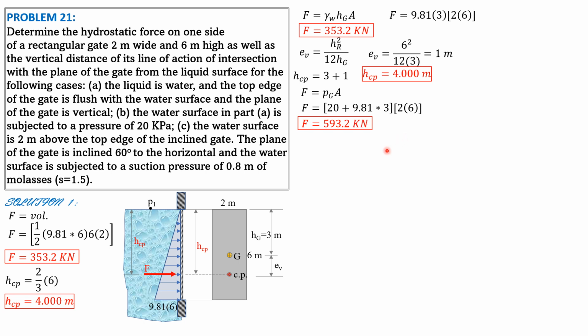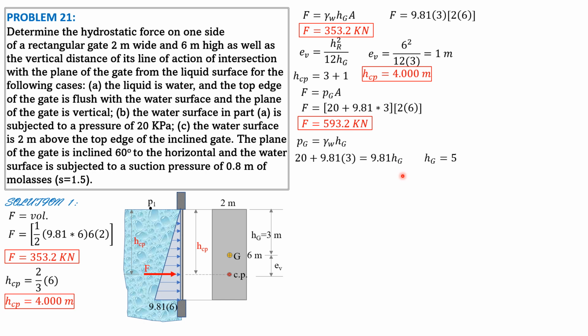Then for Hg, we equate 20 plus 9.81 times 3 to the pressure at the centroid, which is the specific weight of water, because it is water that is in contact with the gate, times Hg. So P sub G equals gamma of water times Hg. P sub G is 20 plus 9.81 times 3, which equals 9.81 times Hg.